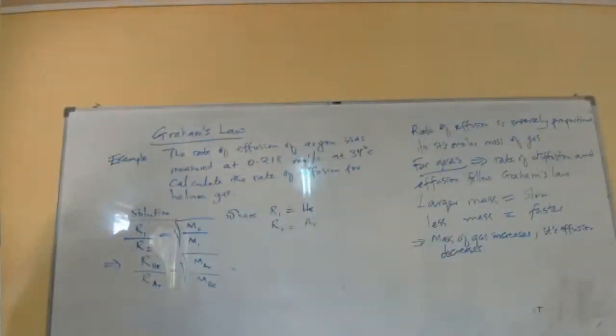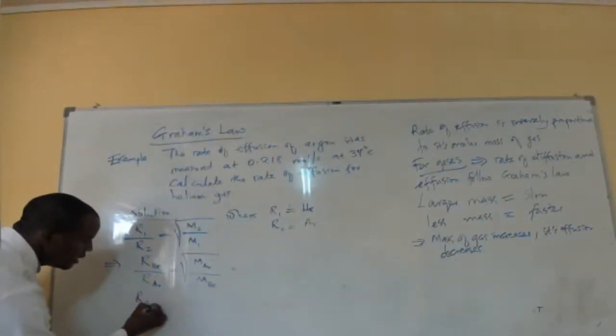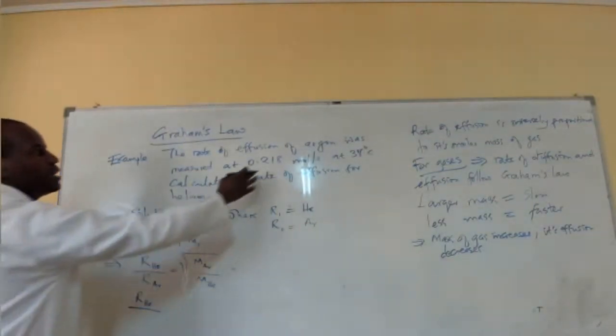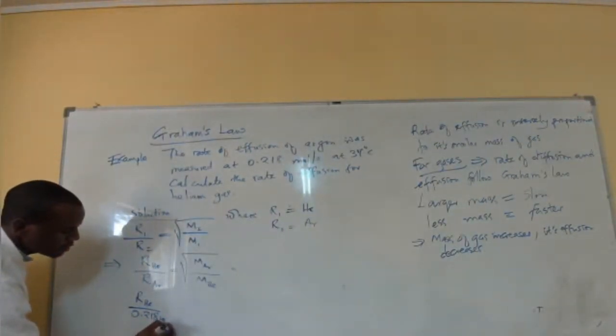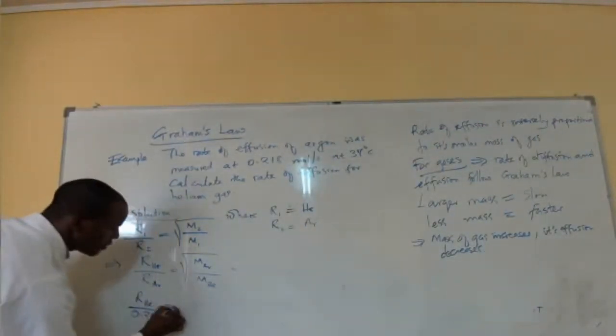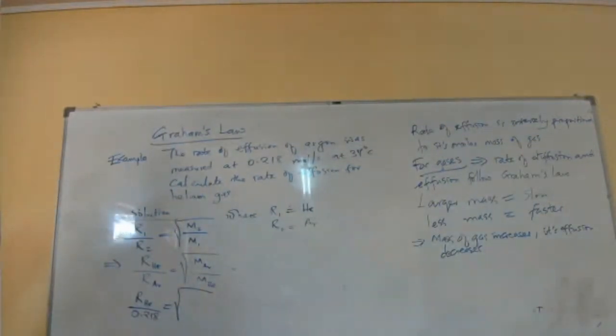So the rate of helium is not given, so we are going to find out the rate of helium. So what we have is R_He, rate of helium we don't know, but the rate of argon is given here. So 0.218, I can leave out the units for now, is equal to the square root of the mass of argon.